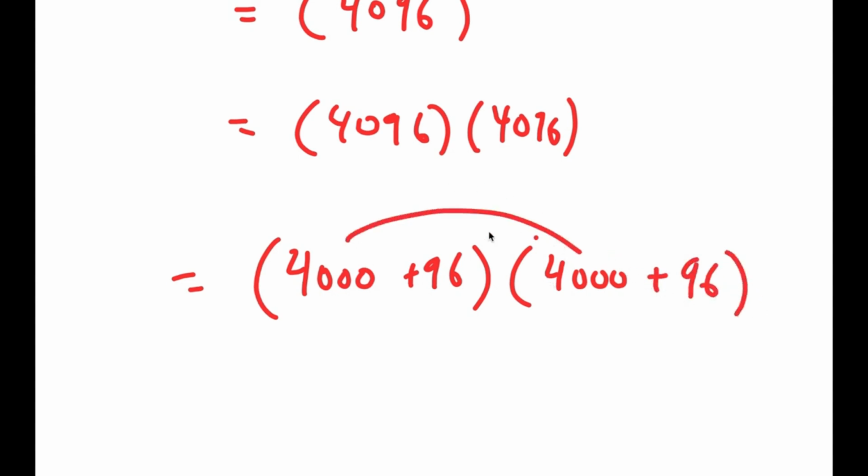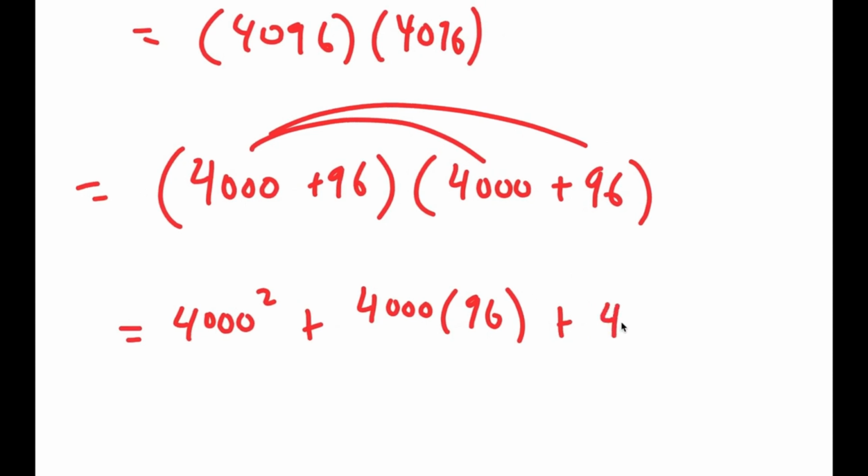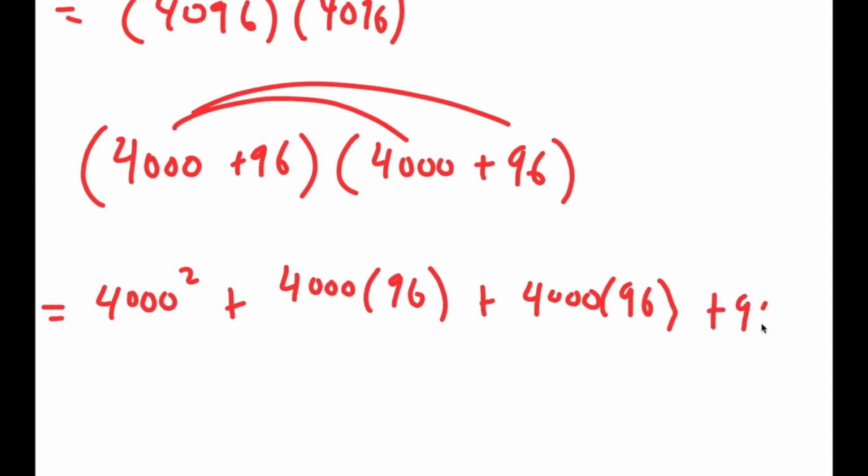And now I can use the distributive property. So I get 4000 squared plus 4000 times 96 plus 4000 times 96 plus 96 squared.